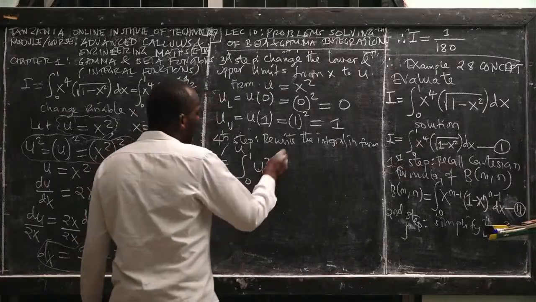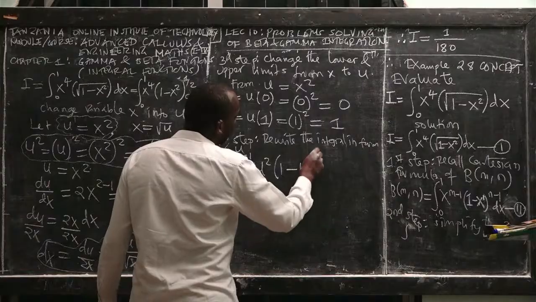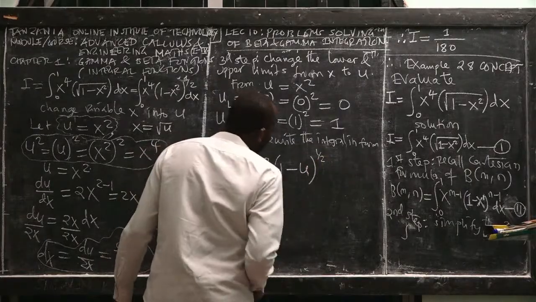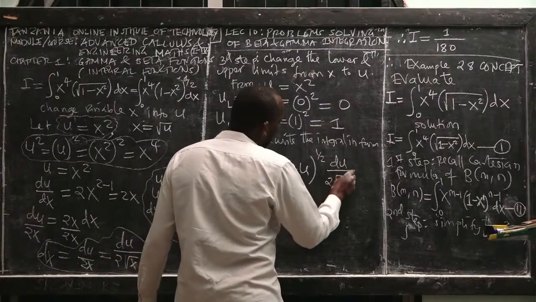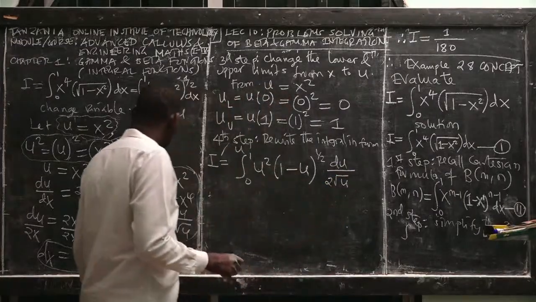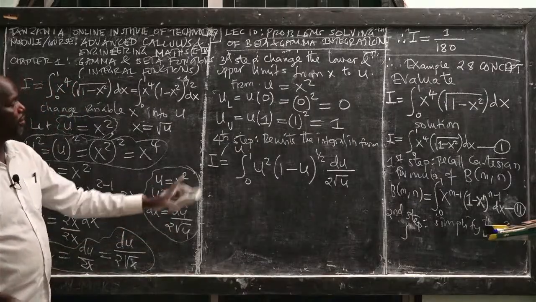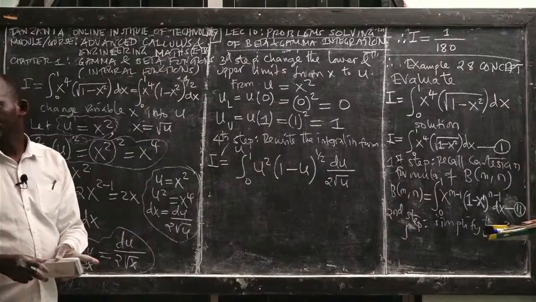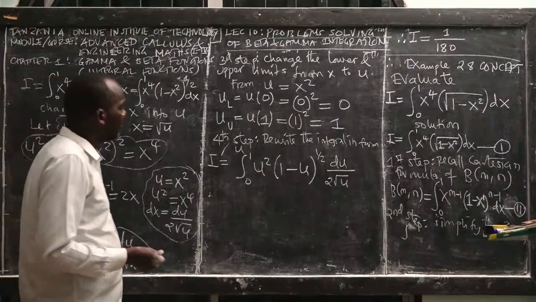Then we have open bracket, 1 minus x square, we say this is u, and then power a half. Then dx is du over 2 under root of u. With the limits there, now you can see it is in the proper form.